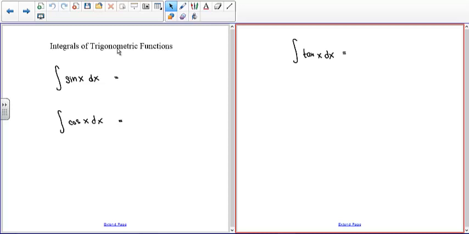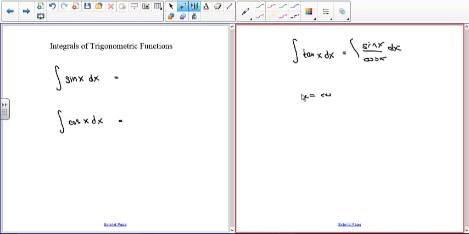We also looked at the integrals for the other trig functions by using the integral of 1 over u du. So remember what we did here was we said we can rewrite the tangent as the sine of x divided by the cosine of x dx, and we let u equal the denominator, and then therefore we take the derivative of that and we get negative the sine of x dx.